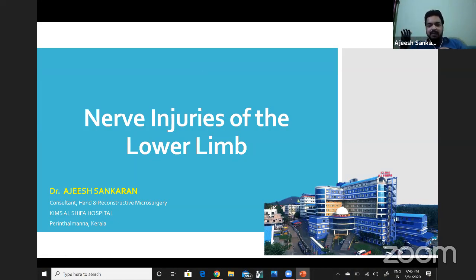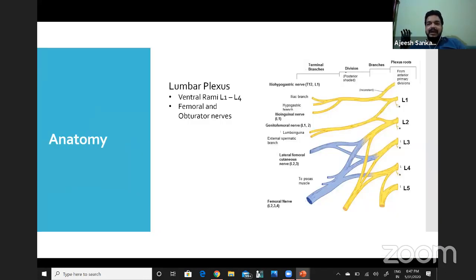So I just made a quick presentation. I'll try to run through it. And again, I felt the difficulty as a student was that we are not really as familiar with the anatomy of the lower limb nerves as we are with the upper extremity nerves. We have learned more about the radial, median, and ulnar than we ever read about the peroneal and others. So, the lower limb nerve supply starts from the lumbosacral plexus.